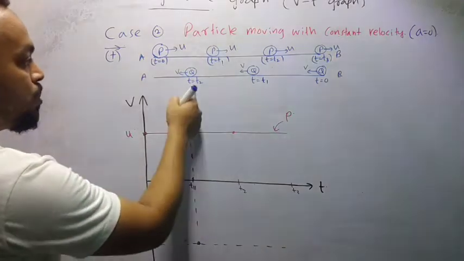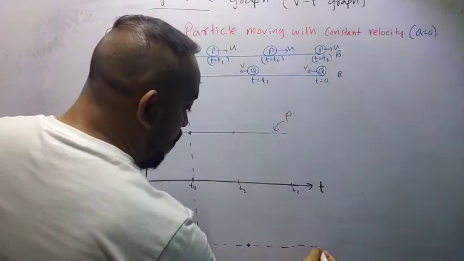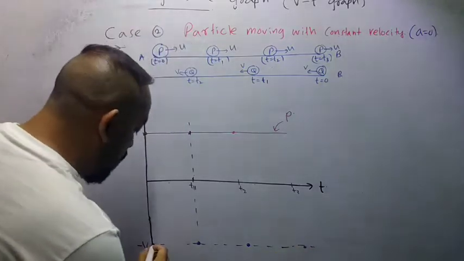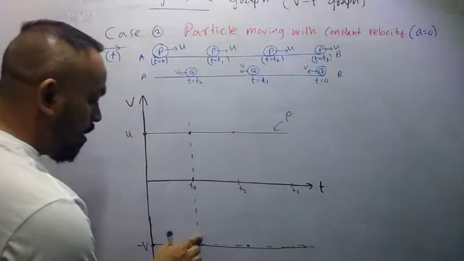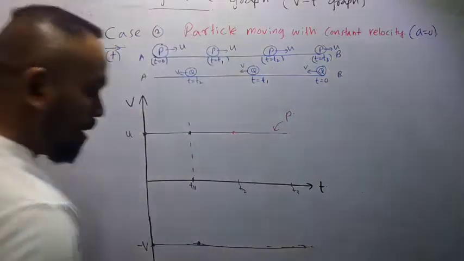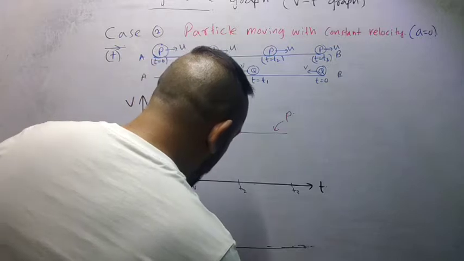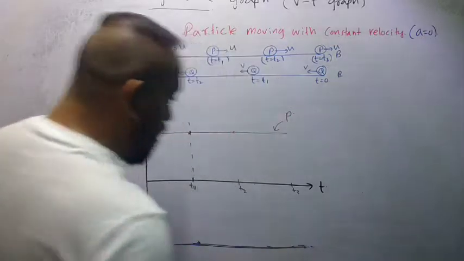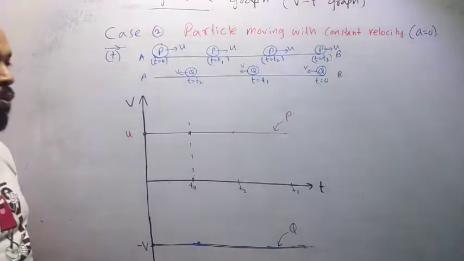And t equals 2, same velocity. t equals 3 would be also same velocity. So if you join this line, this is only for the purpose of illustration. If you join this line, you get a straight line again. Straight line. Now this is the curve for Q.